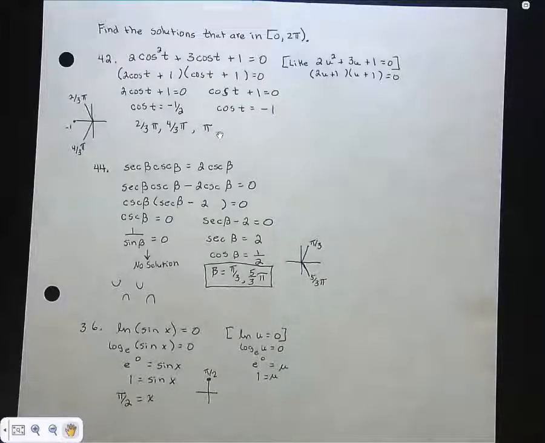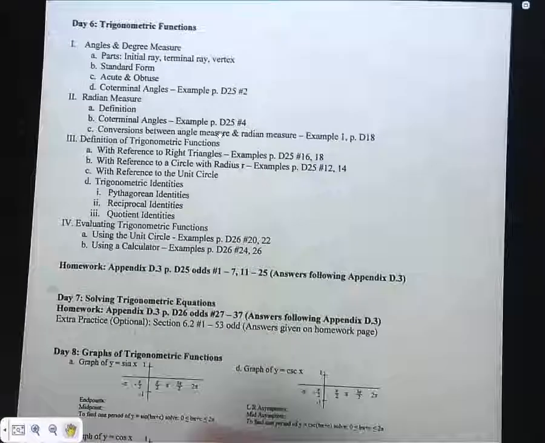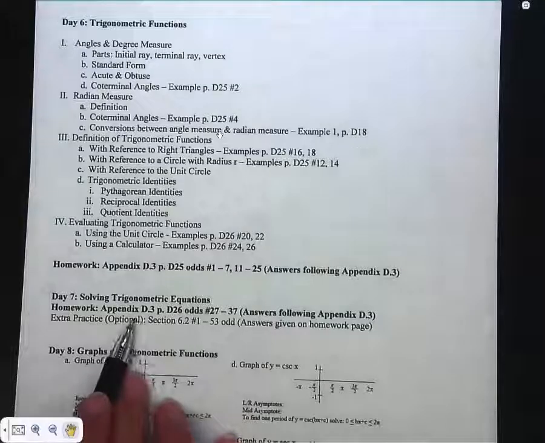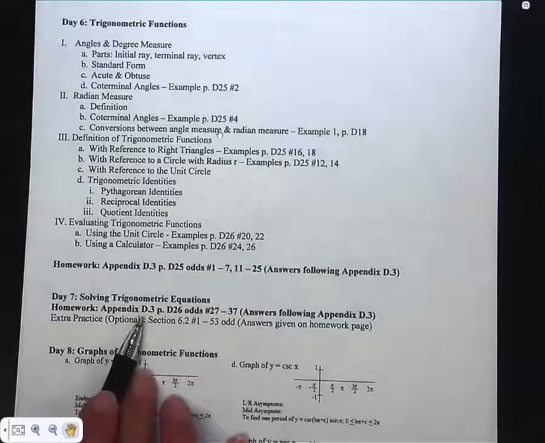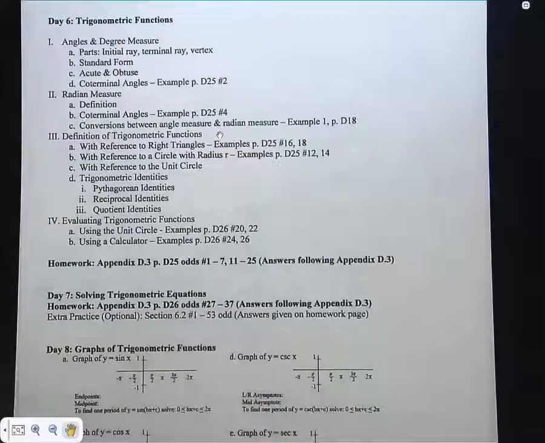All right, that's enough examples. It's time to jump in there and try some on your own. In the homework on this handout that I gave you last week, the homework for solving trigonometric equations is from the Appendix D3 that I copied for you, odds number 27 to 37.